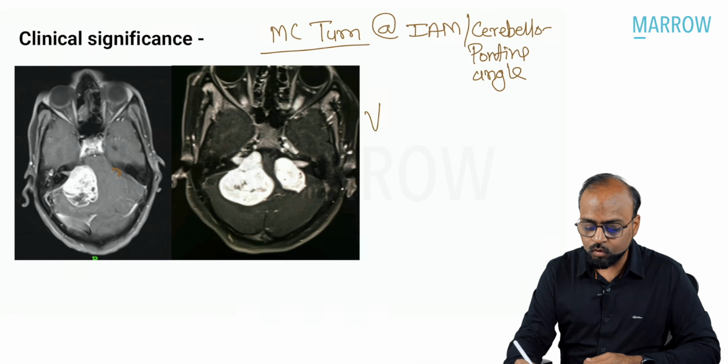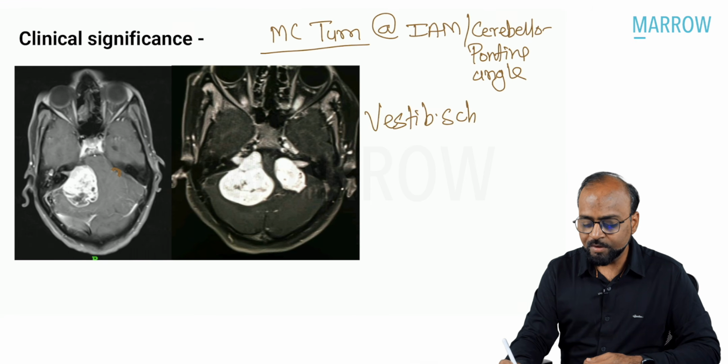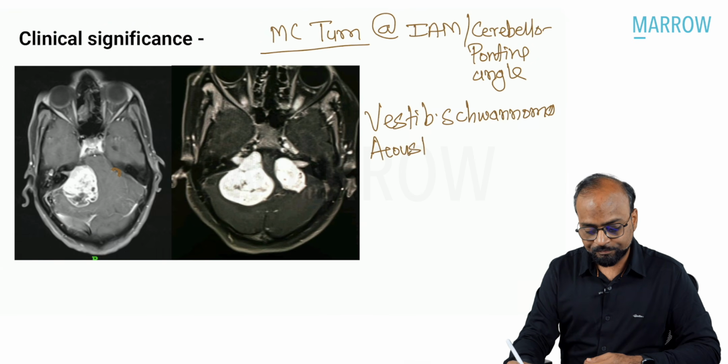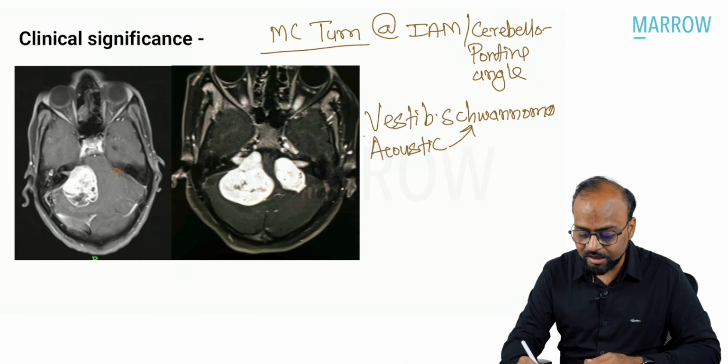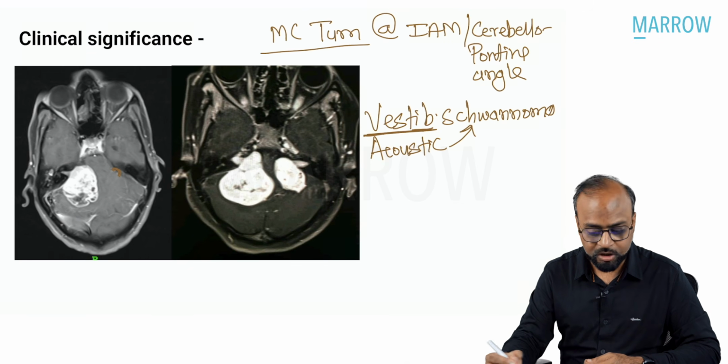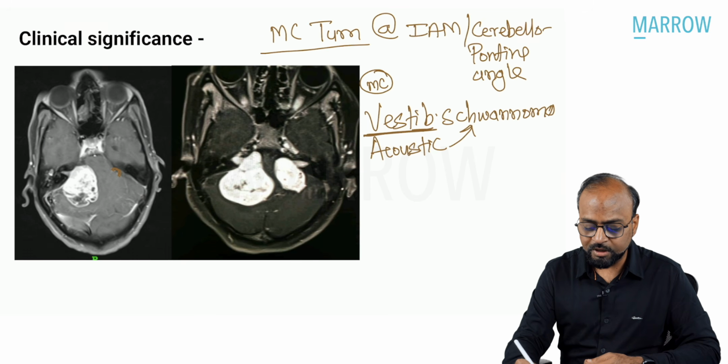So it is called as what? It is the vestibular schwannoma, or also called the acoustic schwannoma. Now see, what happens is that this vestibular schwannoma, as the name suggests, arises from the vestibular nerve, most commonly from the inferior vestibular nerve.